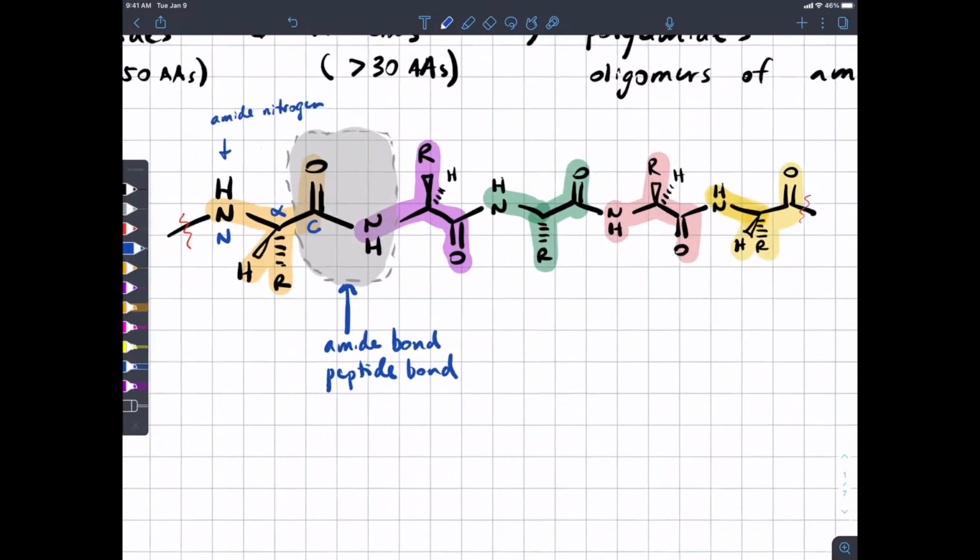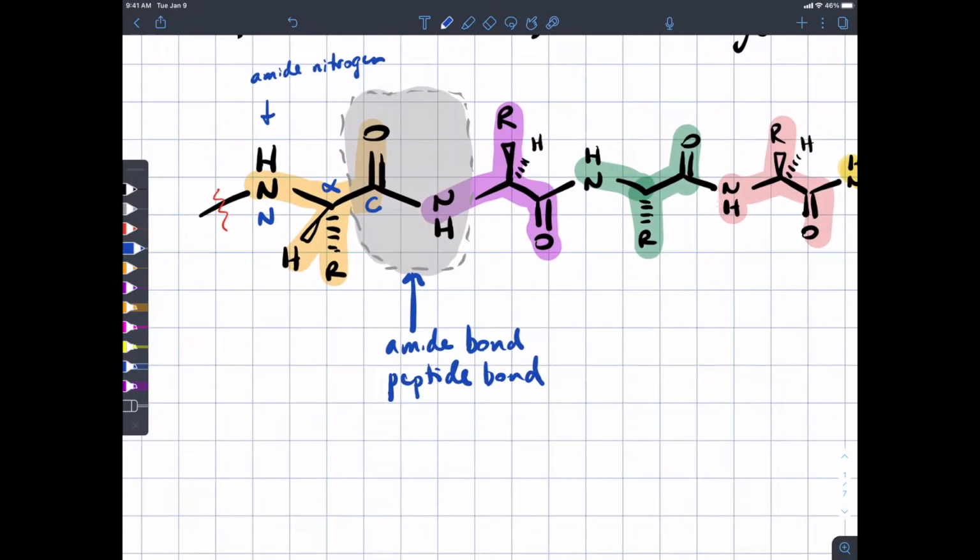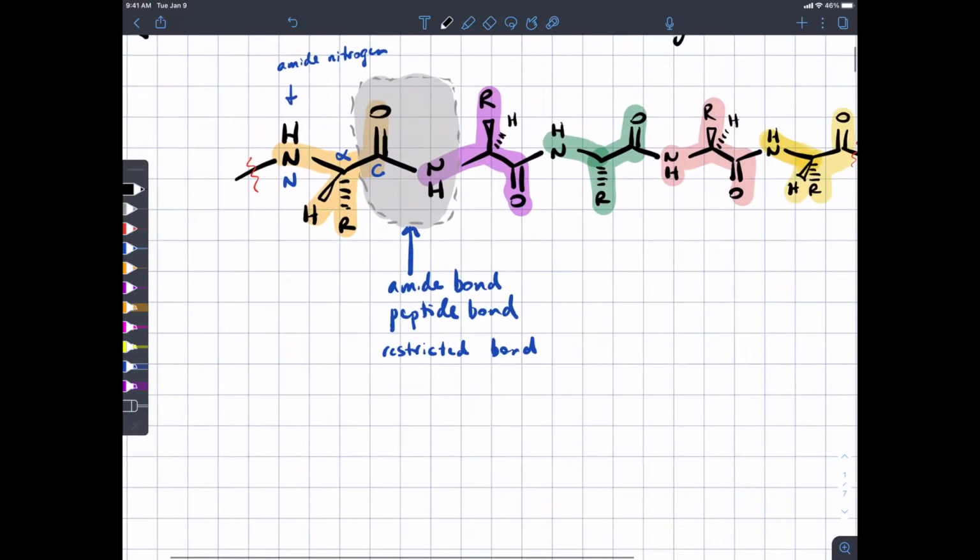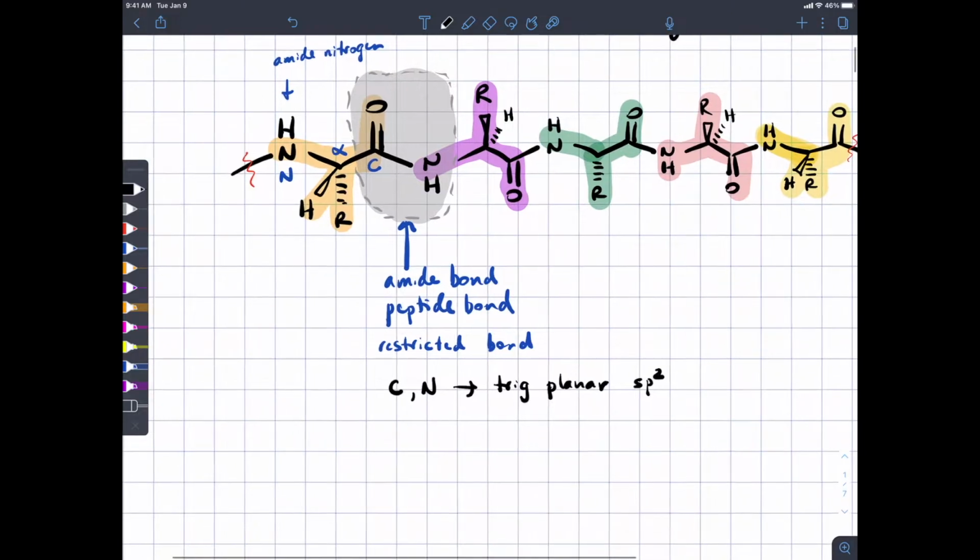The important thing to remember about the amide bond is that rotation is somewhat restricted about that bond, and the reason for that is resonance. You expect both the carbonyl carbon and the nitrogen to be trigonal planar and sp2 hybridized because of resonance.